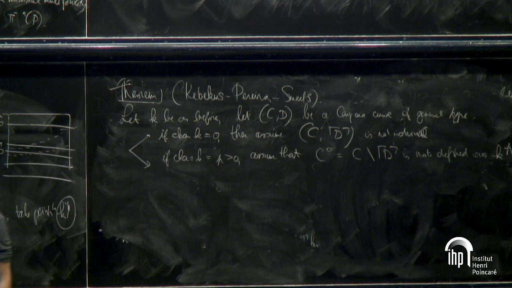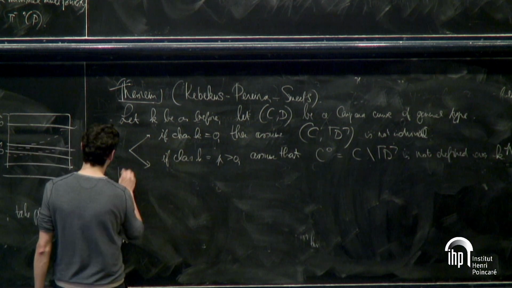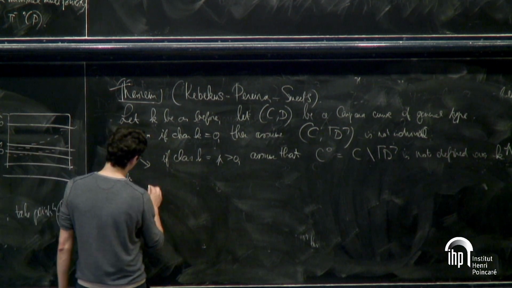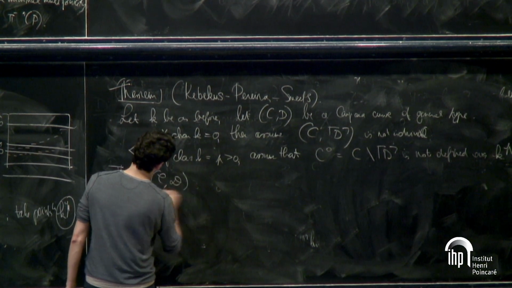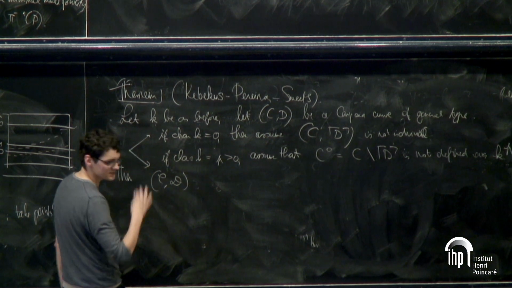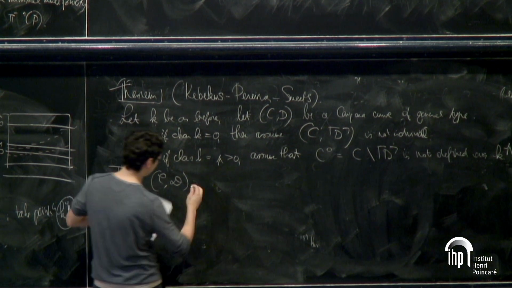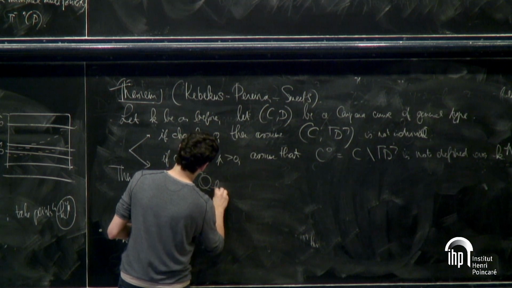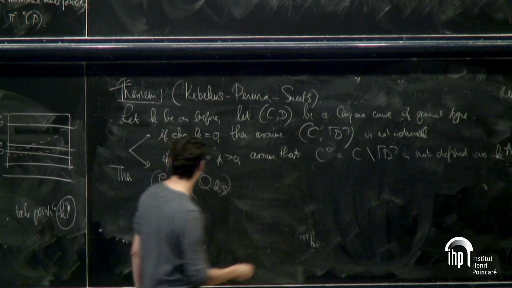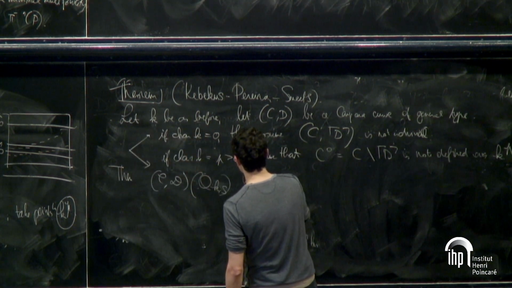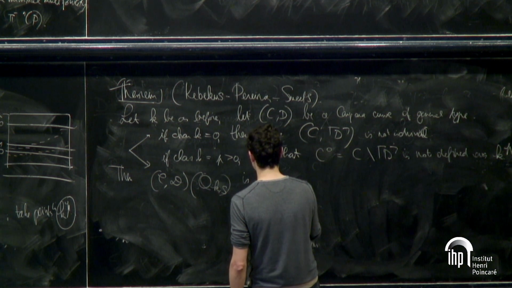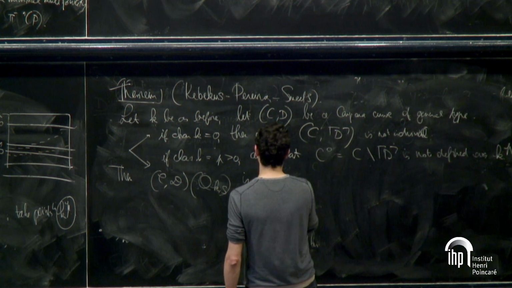Then under these assumptions, once I fix a suitable model, which I always have to do, and once I fix a set of primes, my set of Campana points on this Campana curve is finite.